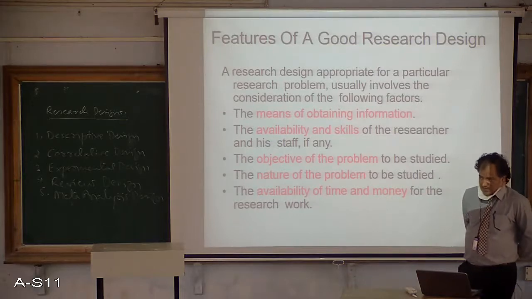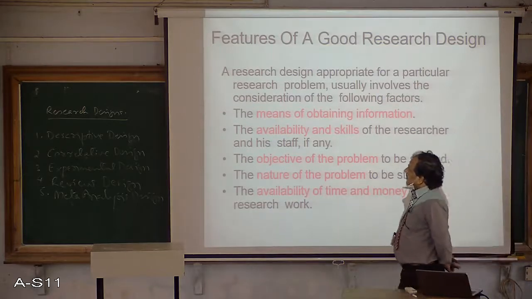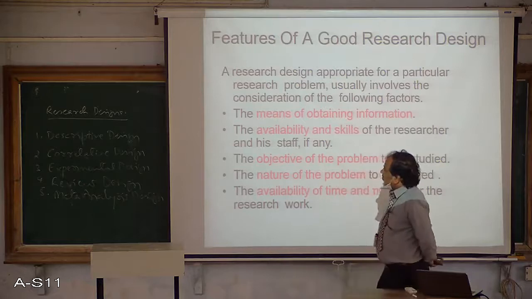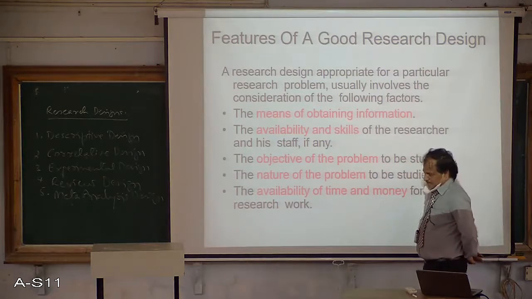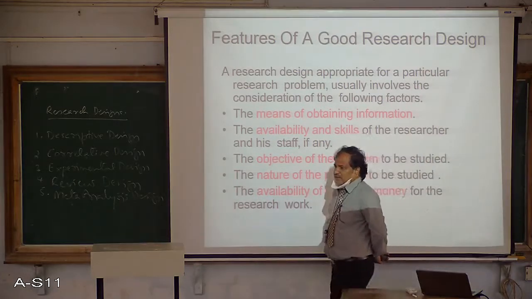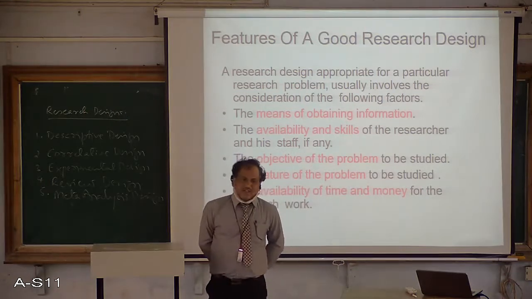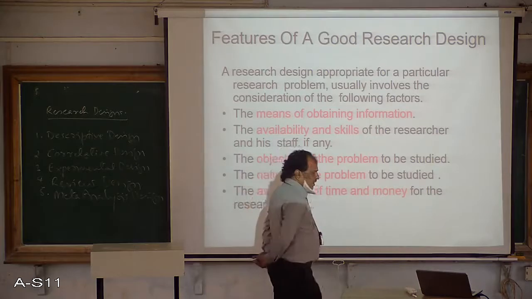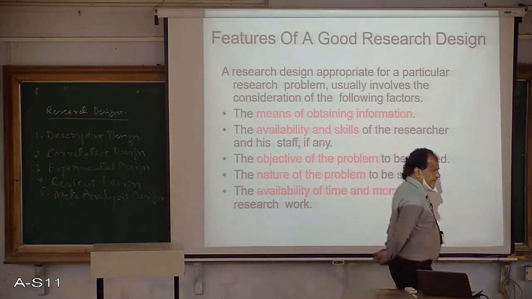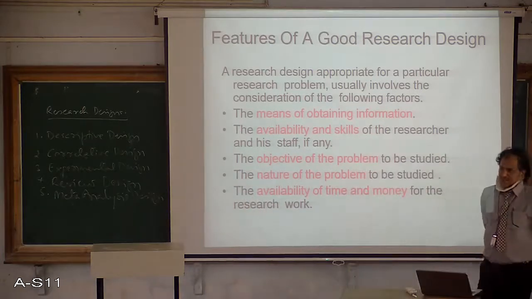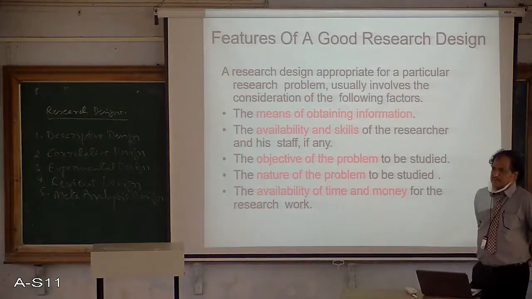So first and foremost, the means of obtaining information, whether that is feasible or not, is also the question. When we are collecting any information about the given research problem, what are the different means of information?